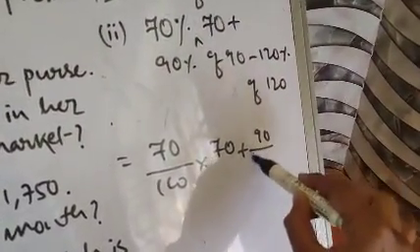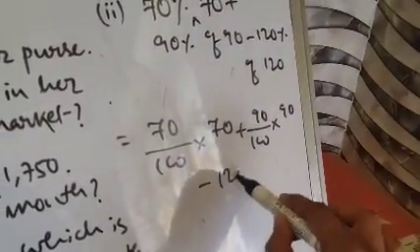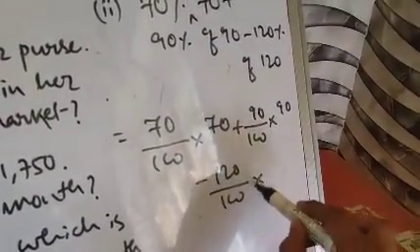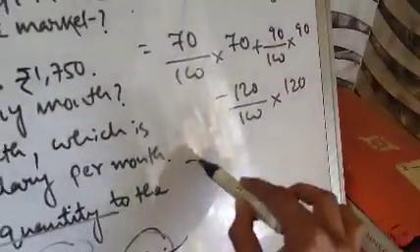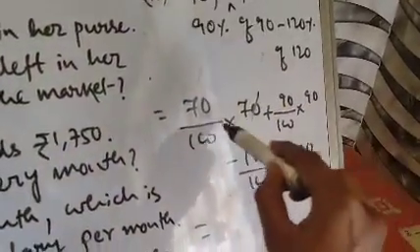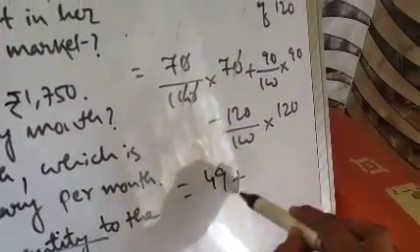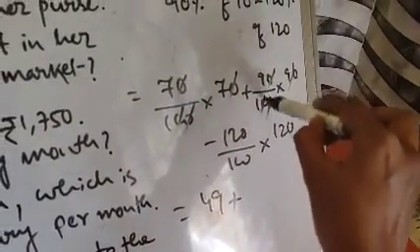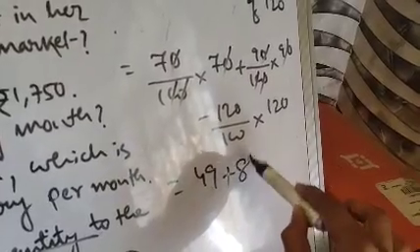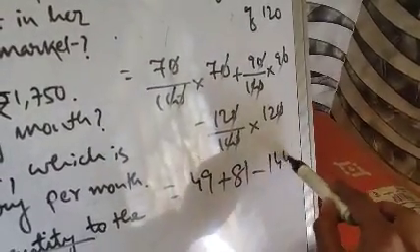Plus 90% means 90 by 100, of means multiply, 90. Minus 120% means 120 by 100, of means multiply, 120. Now 70 by 100 into 70, so the zeros will eliminate, 7 7s are 49. Here the same thing, zeros will eliminate, 9 9s are 81, minus, zeros will eliminate, 12 12s are 144.